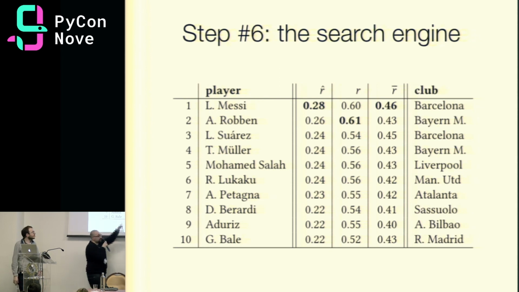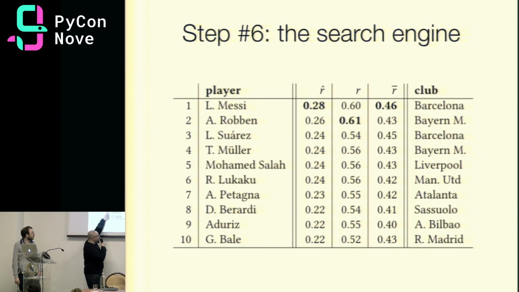And this says that, of course, the player having the strongest attitude to play in that zone is Robben, but by observing a combination of attitude and strength, of course, Messi will be the best player to hire. But I think you don't have the money to hire Messi, right?